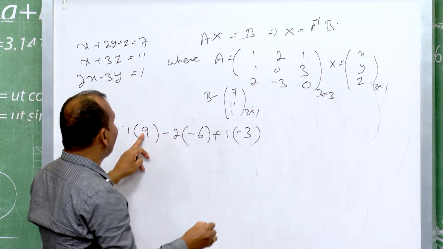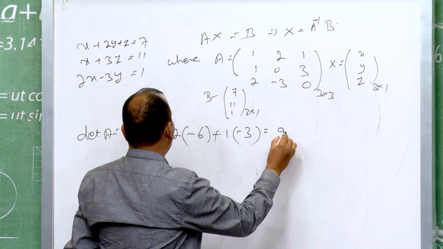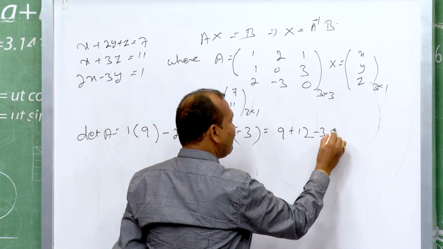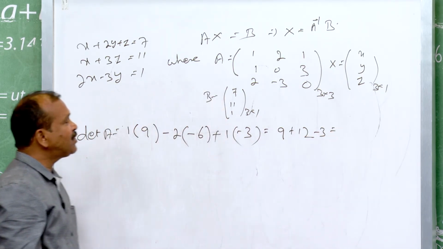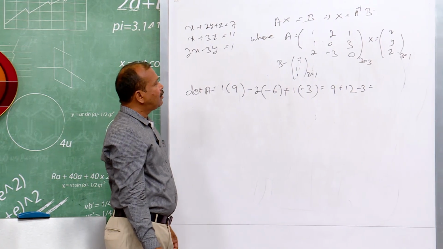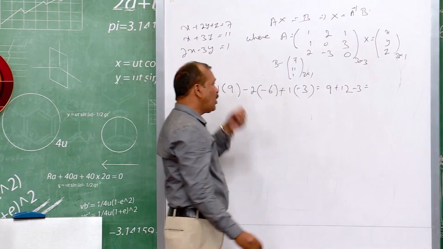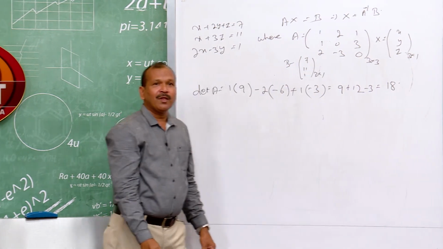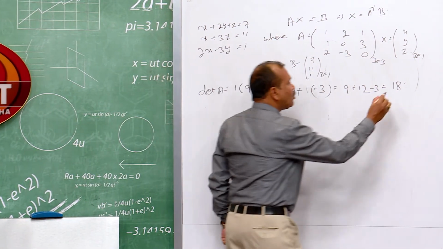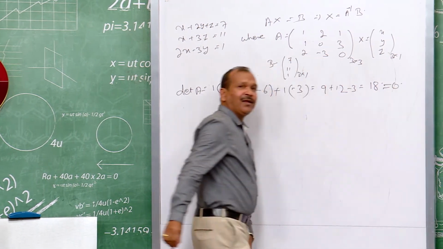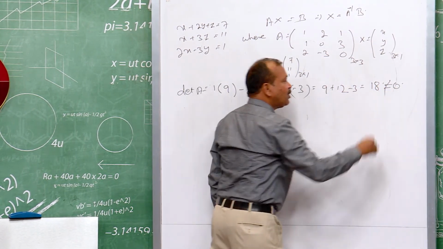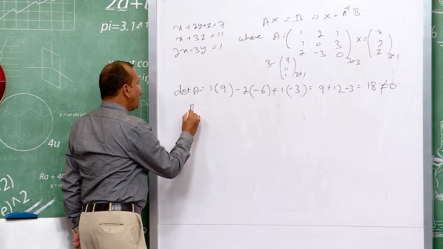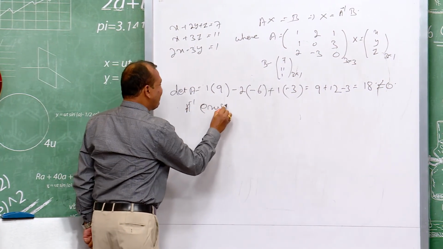Then we have 9 plus 12 minus 3, that becomes 21 minus 3, which is equal to 18. Then det A is not equal to 0, hence A is invertible. Then A inverse exists.